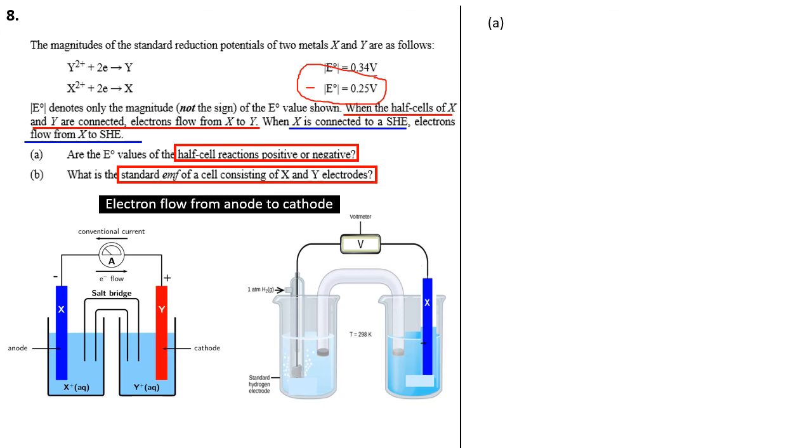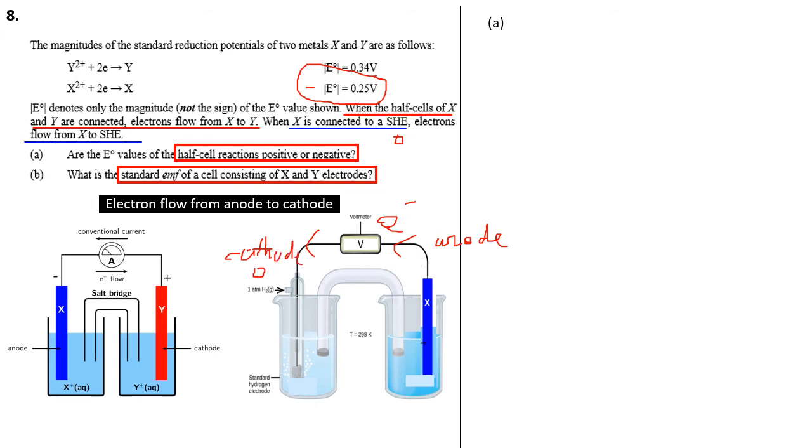And then when X is connected to SHE, SHE is 0 volt because it is the standard hydrogen electrode. Electron flows from X to SHE, meaning this one is the anode and this one is the cathode, so the cathode is 0.